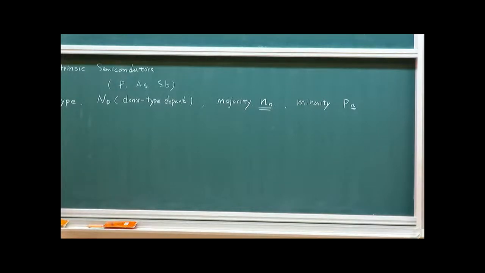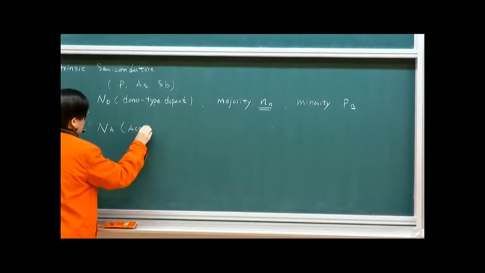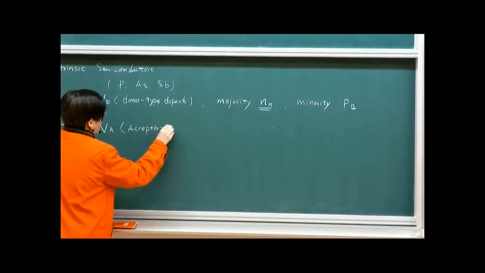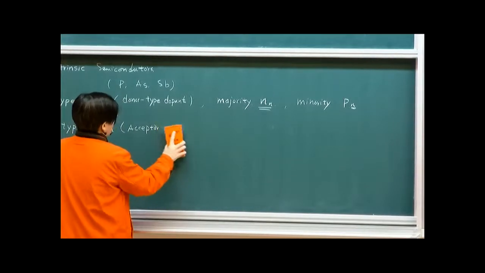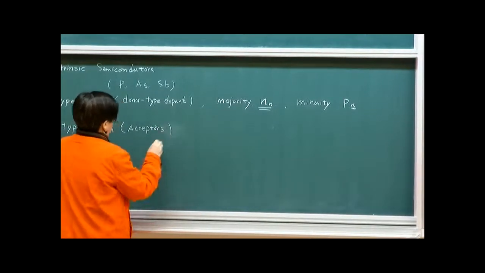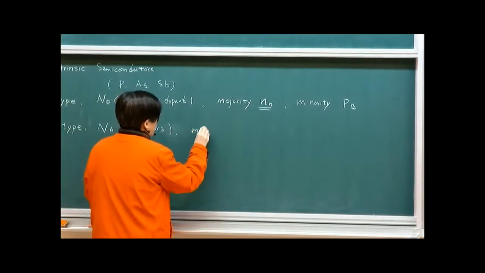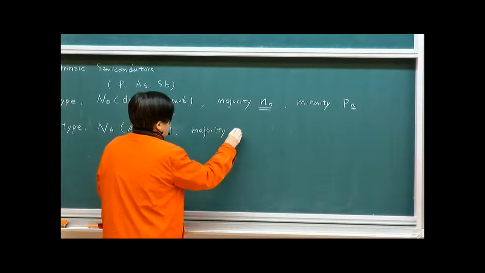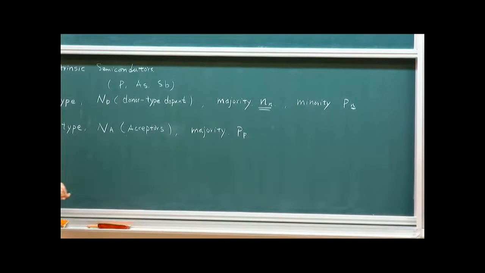Then the second one is P-type. For P-type semiconductors, you dope it with what we call acceptor type dopant. A better way, you can actually just say acceptors. You put in acceptor impurities, and then the majority carriers become holes. P_P means that it's in P-type. Let me just write it.